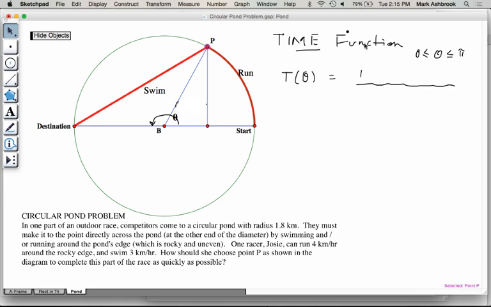Right, so the time spent running plus the time spent swimming. So let's break it down into the time spent running and the time spent swimming. Okay, and so he's offering up that time was distance times speed. Is that right? That's what I heard you say.